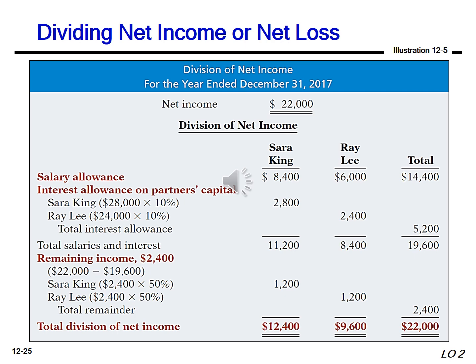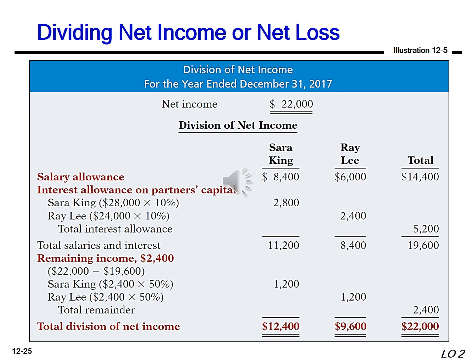Now Sarah King is going to take 2,400 multiplied by 50%, which is half of the remaining amount, and the result is going to be 1,200. Ray Lee is also going to take the other half, which is 1,200. So the total of these two amounts is of course 2,400, and with this we distributed the full amount of the net income of 22,000.